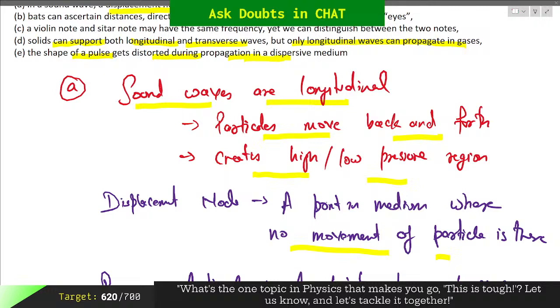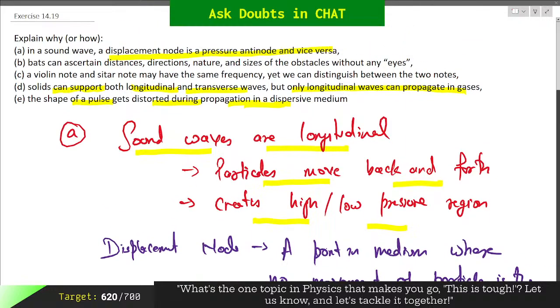Now the second question we have: how do bats ascertain distances, directions, nature and size of the obstacles without any eyes? So we know that bats don't have eyes, so they use this biological process of echolocation to navigate and hunt in the dark, and they can analyze the reflected sound waves for distance, direction, and nature and size of objects.